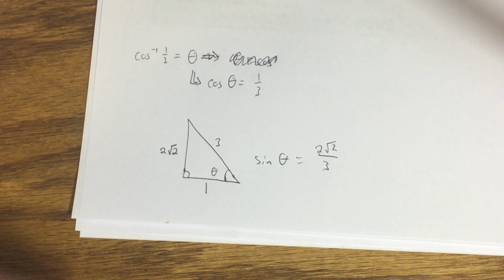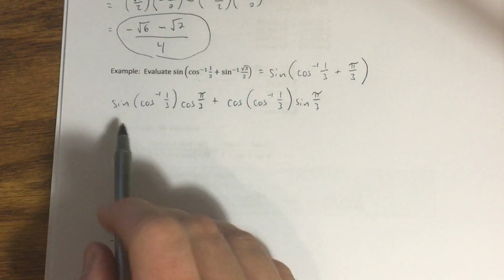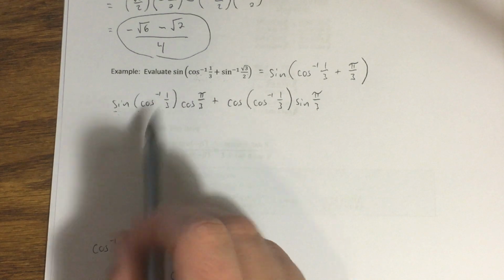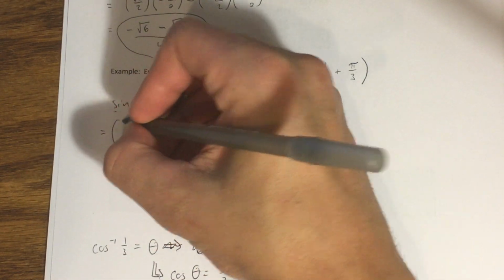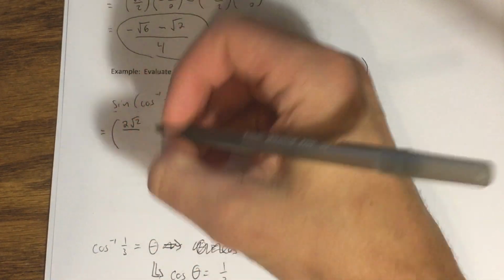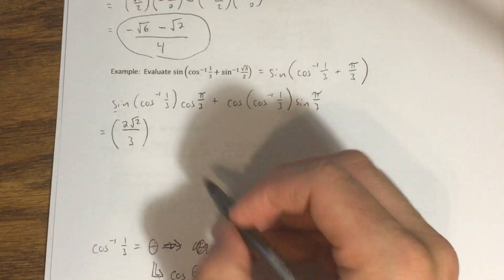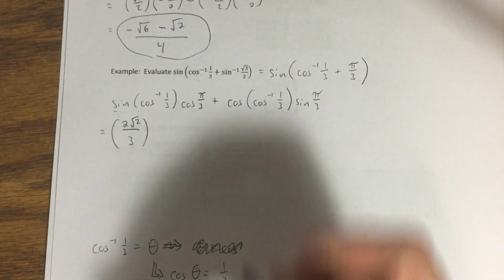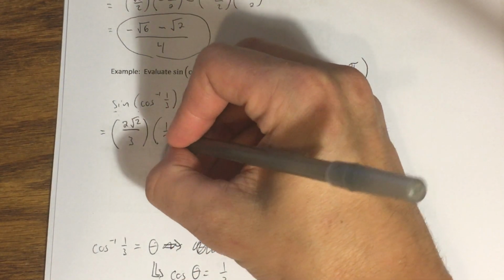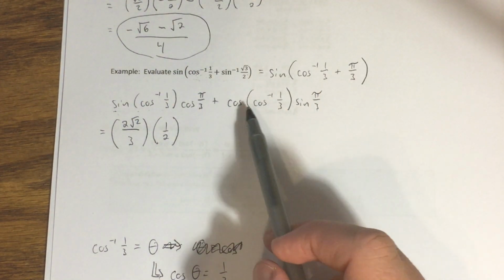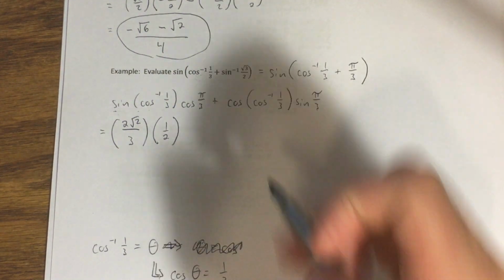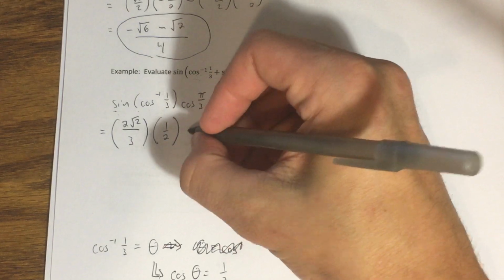So that gives me the last piece of this puzzle up here, and I'm going to put in all the values that I know. What we just found is that sine of the inverse cosine of 1/3 is equal to 2 root 2 over 3. Cosine of pi over 3 from my unit circle is equal to 1/2. Cosine of the inverse cosine of 1/3, remember they cancel.